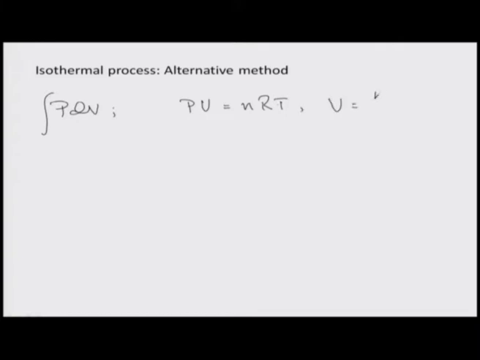V is nothing but nRT over P. So the change in V, dV, by differentiation, is minus nRT over P squared dP. I put it back in the work done equation, and I get nRT.